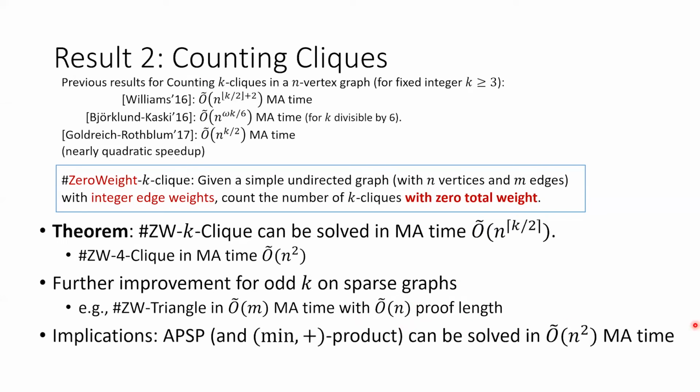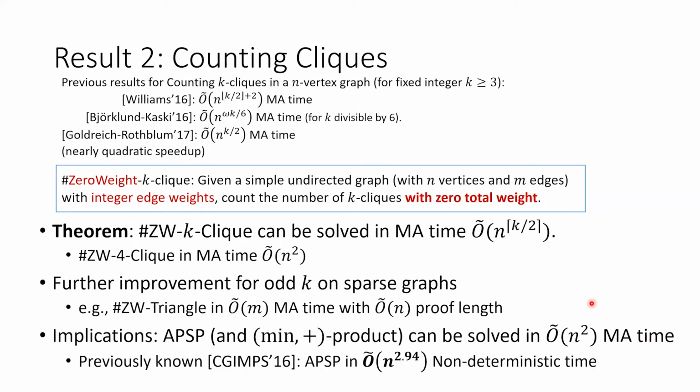Our zero triangle protocol has implications for the APSP problem, where we are given a directed graph on n nodes and we want to compute the shortest distance between every pair of nodes. Our protocol implies that the APSP problem can be solved in nearly n squared MA time, which is near optimal.